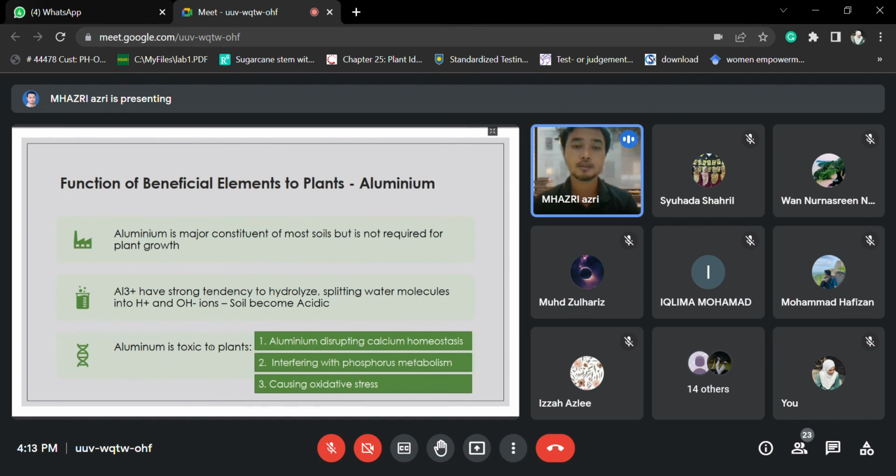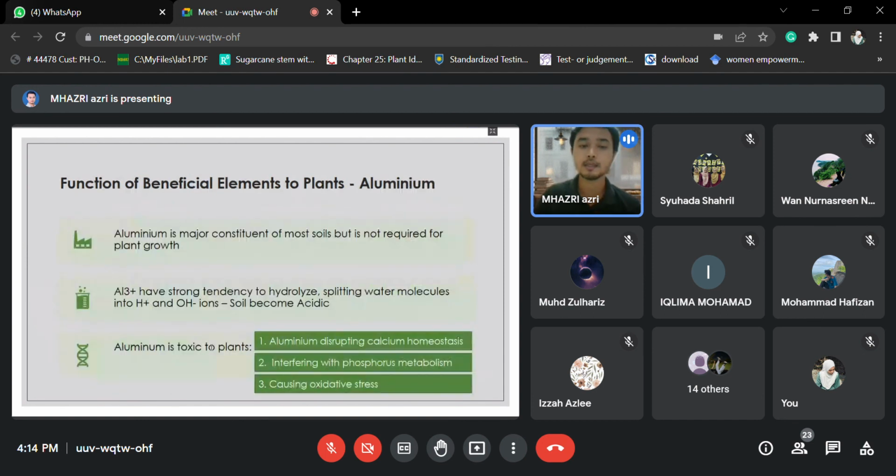The concentration of hydrogen ion will increase. Aluminium is toxic to the plant because aluminium can disrupt calcium homeostasis. Apart from that, aluminium can also interfere with phosphorus metabolism, and aluminium also can cause oxidative stress.